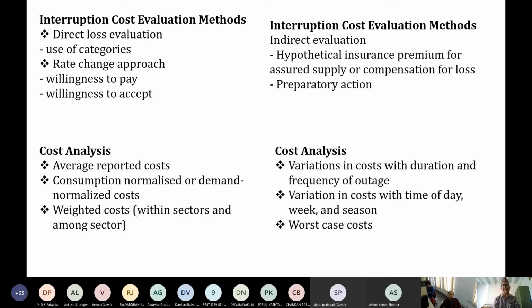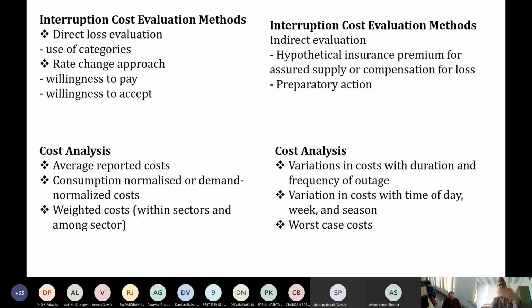And we always need to know the worst case, so the survey will try to identify the worst-case cost: when the interruption occurs during the peak time, during the weekend when people are enjoying their holiday, or during the evening time for a commercial customer. What will be the cost?